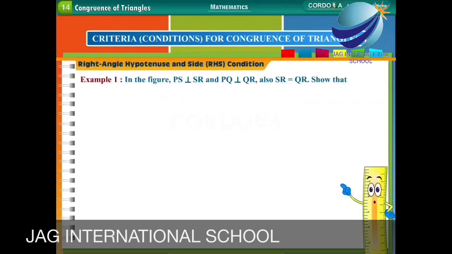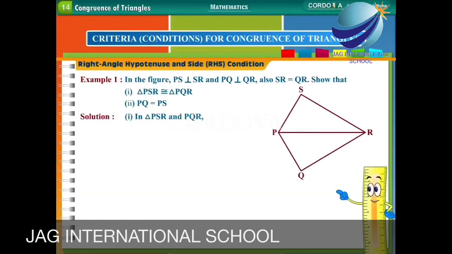Example 1. In the figure, PS is perpendicular to SR and PQ is perpendicular to QR. Also, SR is equal to QR. Show that triangle PSR is congruent to triangle PQR. PQ is equal to PS. Solution.